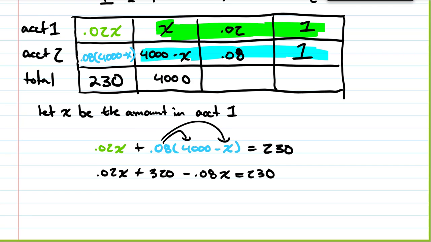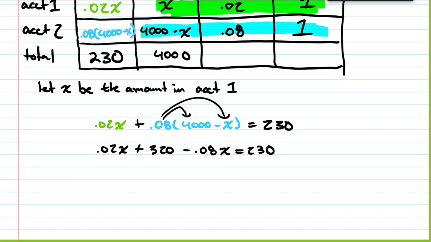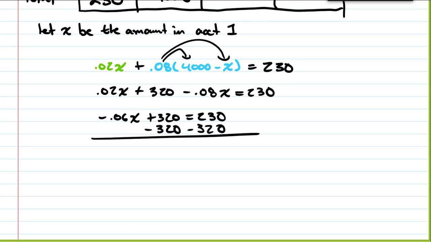So we collect up our like terms, so 0.02x take away 0.08x is negative 0.06x plus 320 equals 230. We minus 320 from both sides, and that gives us negative 0.06x is equal to negative 90.